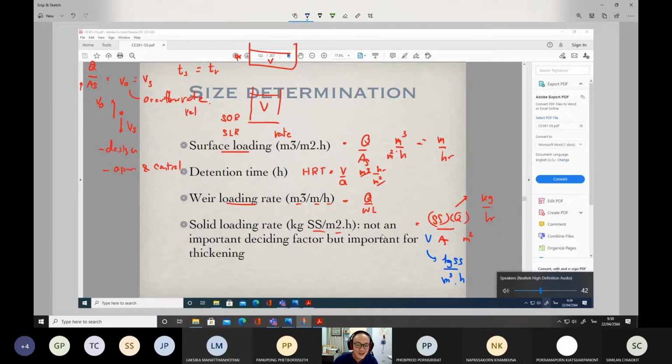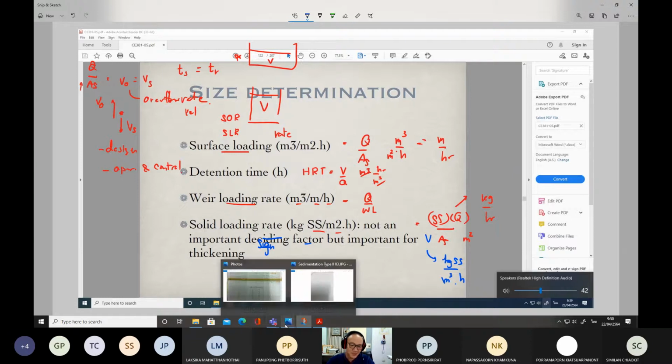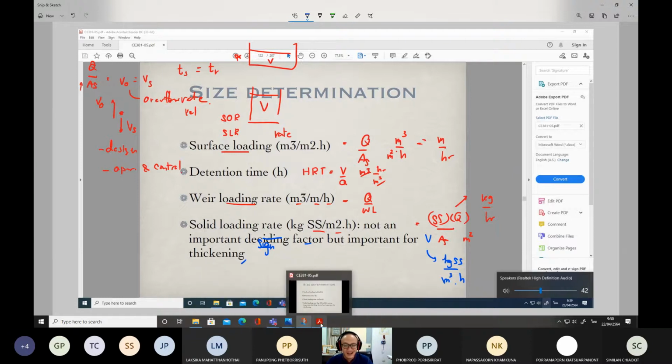This parameter is not an important design factor, but it is important for the design of the thickener in sludge treatment, which we will talk about again in the next two chapters.